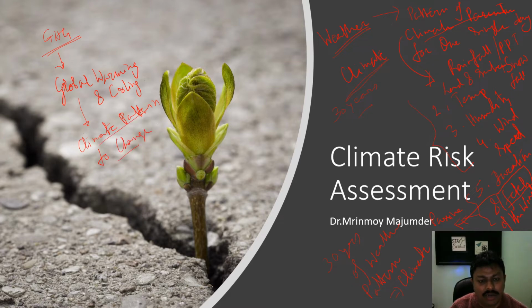And when this pattern of climate is changing, different types of hazards, which are also known as climatic hazards, are being created. Both the intensity and frequency of extreme events, rare events, have increased compared to the last decade.